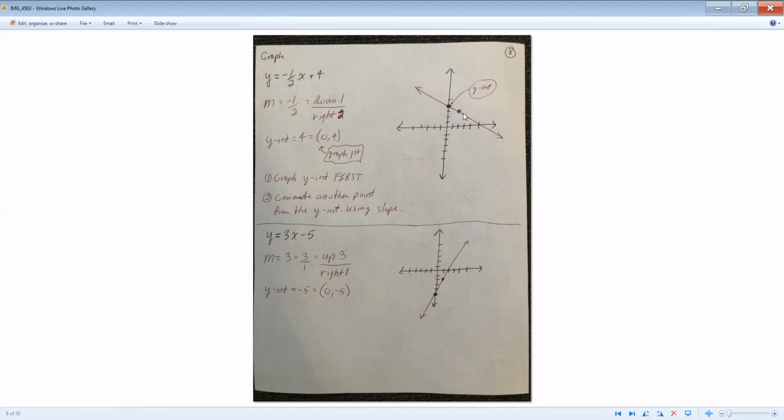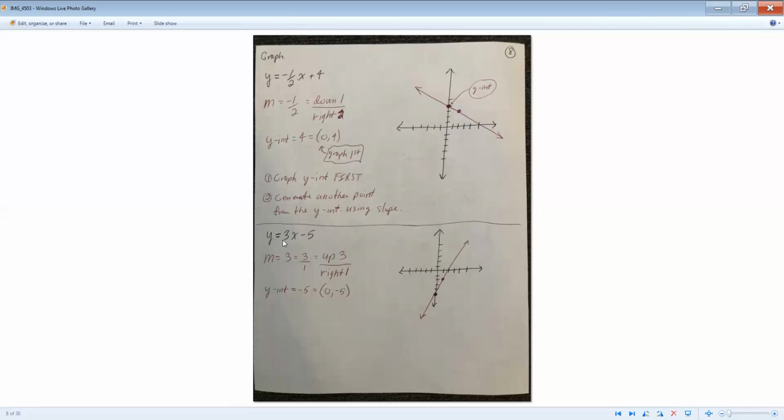And that will be my line. And I can continue to generate more points on that line by going down 1, right 2, down 1, right 2, down 1, right 2. And it will continually generate points that are on my line. So once again, you graph the y-intercept first, then from the y-intercept, graph another point by using your slope.